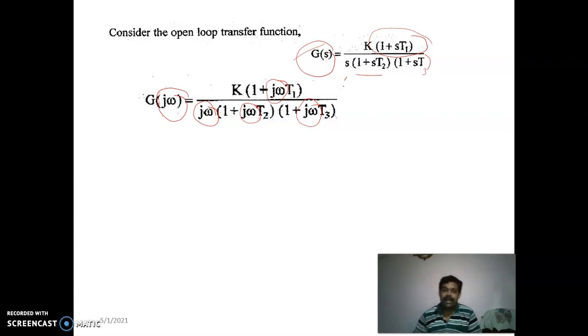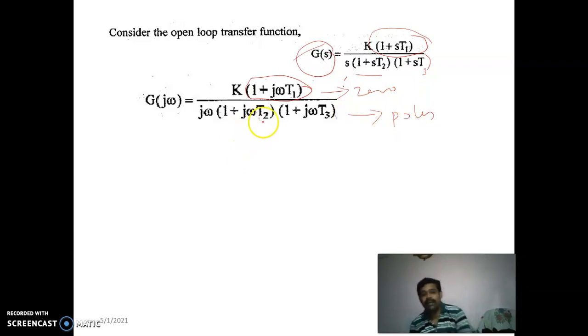When analyzing this transfer function, you understand that you have one zero. The term in your numerator is called a zero. These in the denominator are poles.